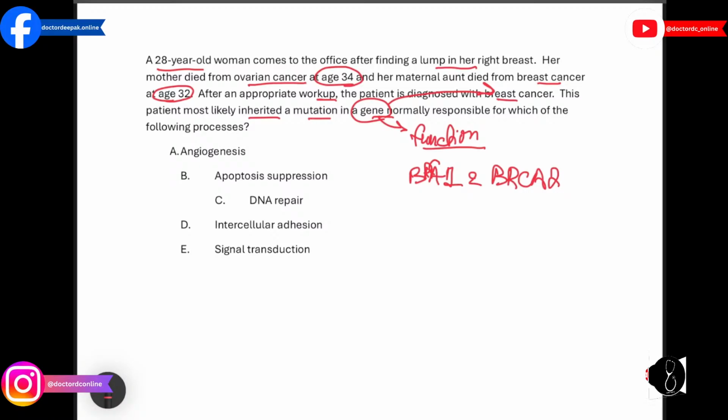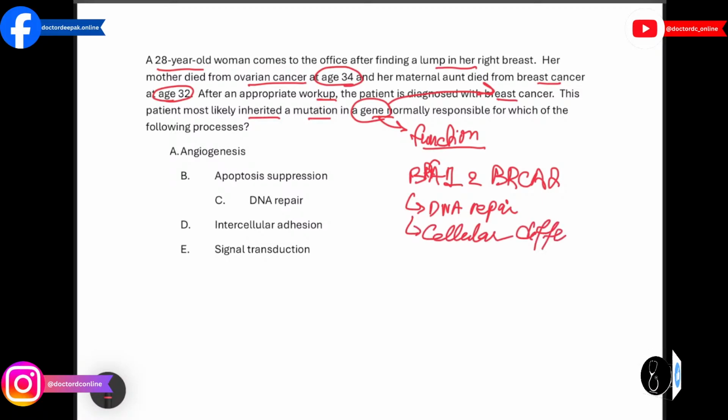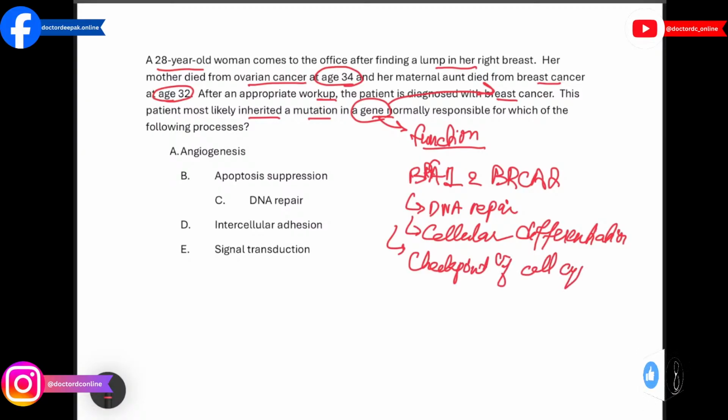And these tumor suppressor genes are involved in multiple processes, including DNA repair, cellular differentiation, the checkpoint control of the cell cycle, and transcription factor regulation.